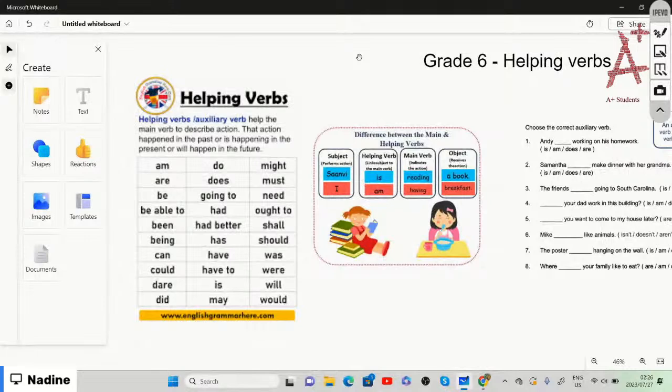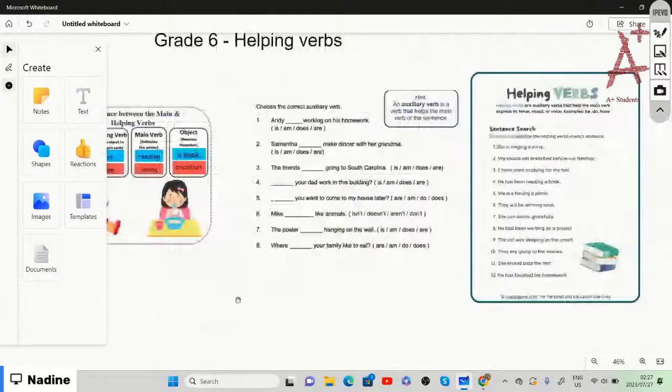Your helping verb will basically tell you if it is happening in the present, past, or future, as well as your main verb, right? Because it will either show an ongoing action, or it is in the past, or it is in the future, which means that the helping verb and the main verb work hand in hand.